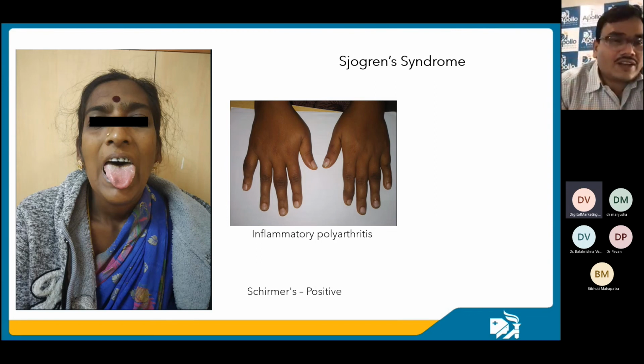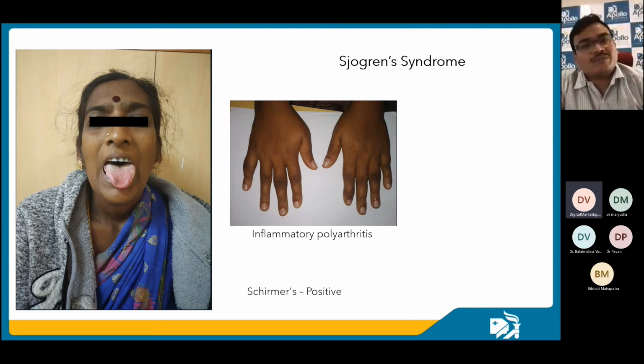The typical location is in between the teeth, not involving the crown or the molar region. It is predominantly these teeth which are involved. When we examine her for dry eye, she has a positive Schirmer's test. So the diagnosis will be Sjogren's syndrome.